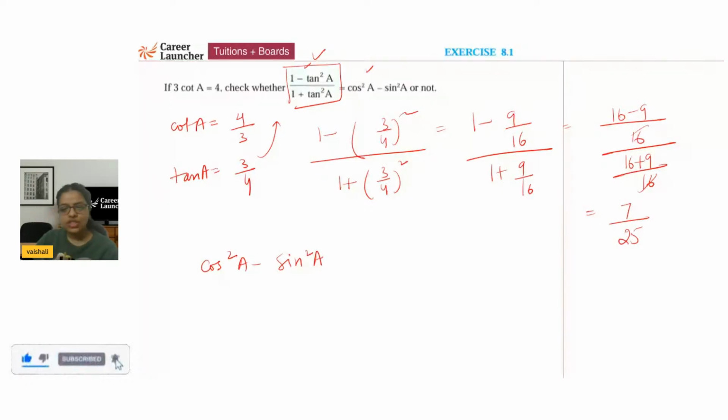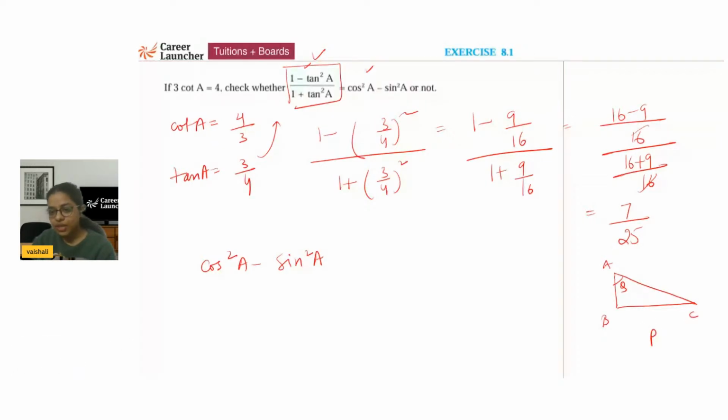Now let us just make a triangle just to be able to observe that if I am having this angle A as the theta, A, B and C, the front side, which is straight from A, it will act as a perpendicular, AB is the base and AC is the hypotenuse.